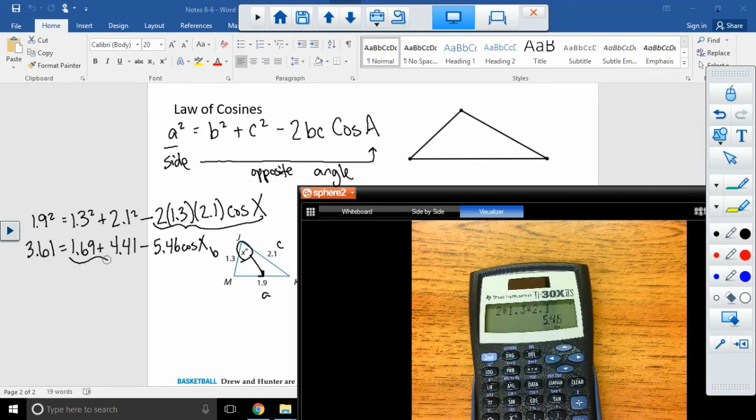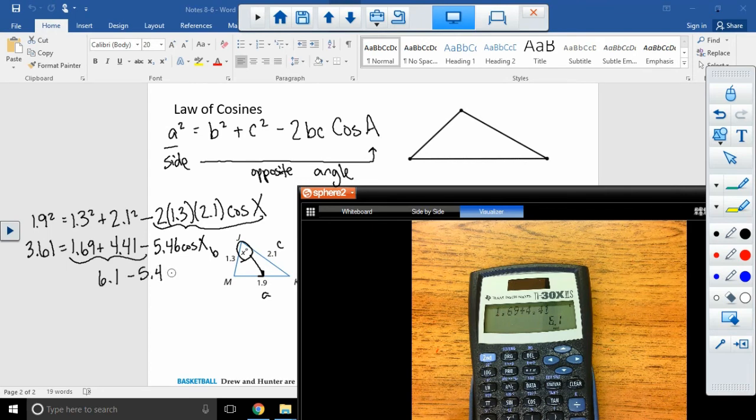What you can do is add these two up. So 1.69 plus 4.41 is 6.1 minus 5.46 times the cosine of x is going to equal 3.61. What I'm going to do now is go through and just use algebra to solve for x.